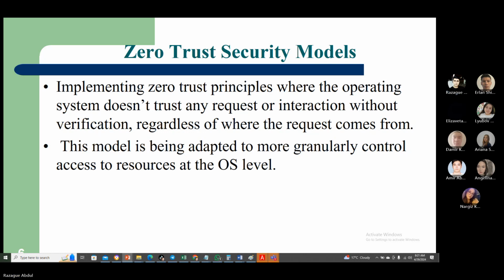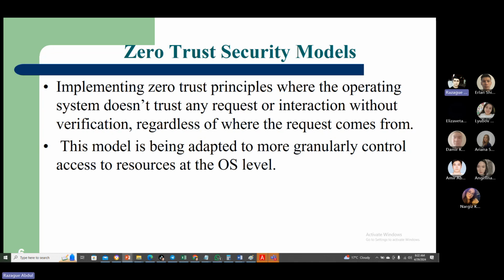On operating system levels, this might mean isolating sensitive applications and data in secure containers or using virtualization technologies to segment different processes, thereby limiting the potential damage from a breach or any kind of possible threat.